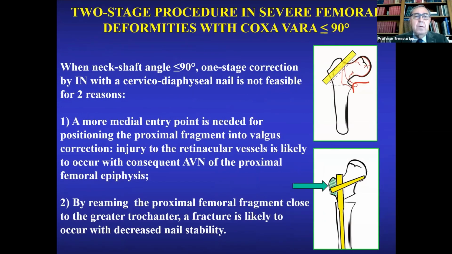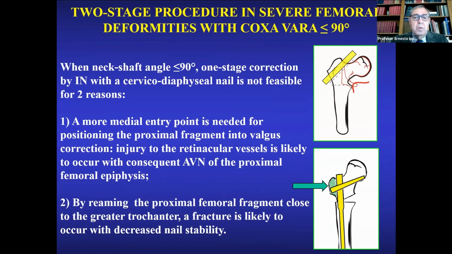When neck shaft angle is equal or less than 90 degrees, one-stage correction by intramedullary nailing with a cervicodiaphyseal nail is not feasible for 2 reasons. In these cases, a more medial entry point is needed for positioning the proximal fragment into valgus correction.